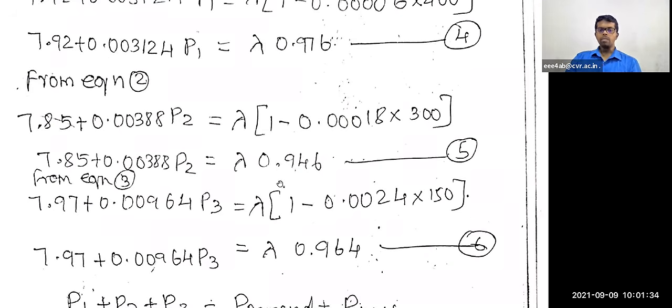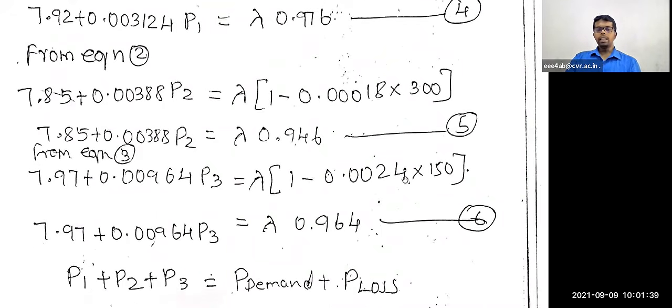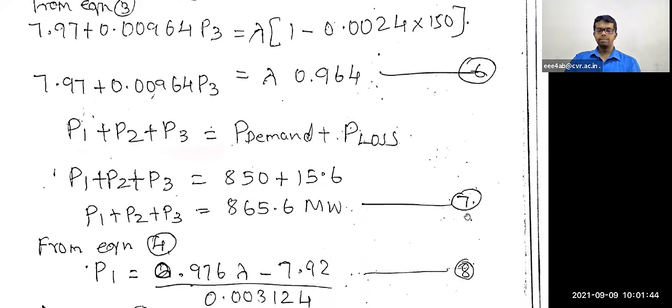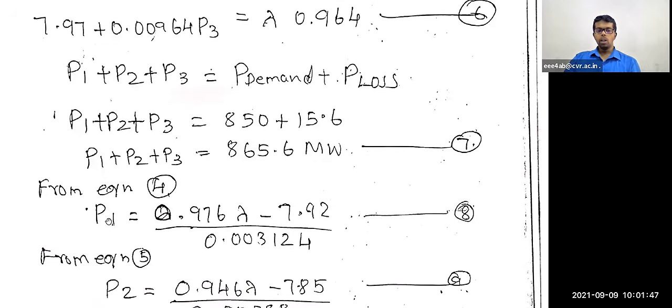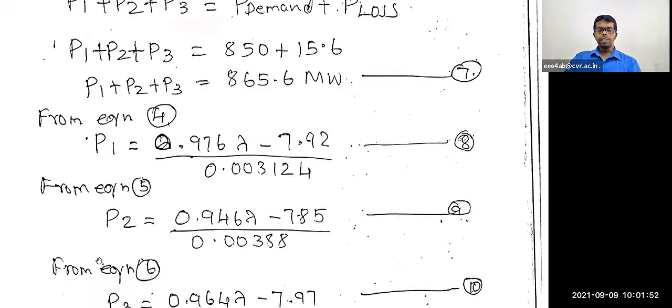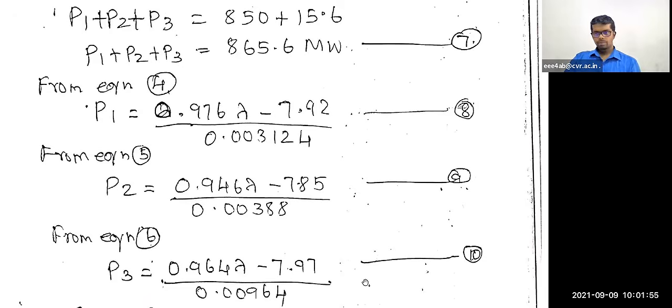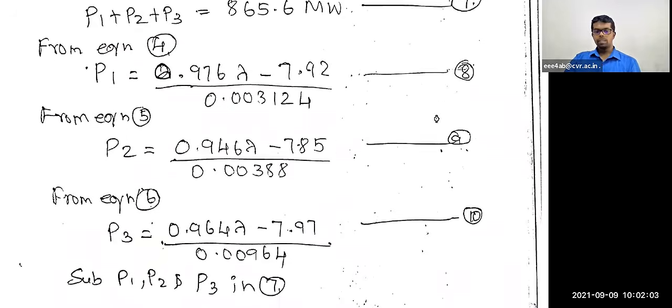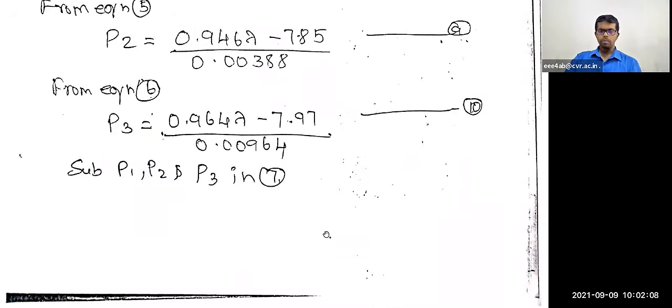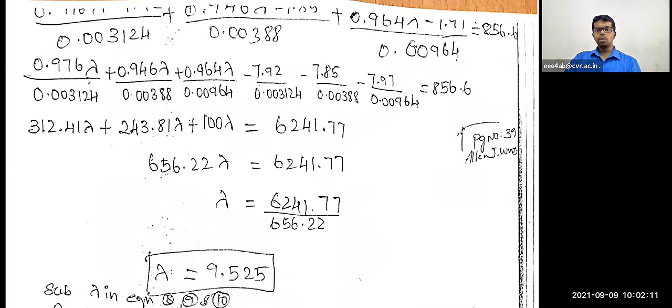P1 from equation 4, P2 from equation 5, and P3 from equation 6. Take these as equations 8, 9, and 10. Then substitute P1, P2, and P3 from equations 8, 9, and 10 into equation number 7, and further simplify.